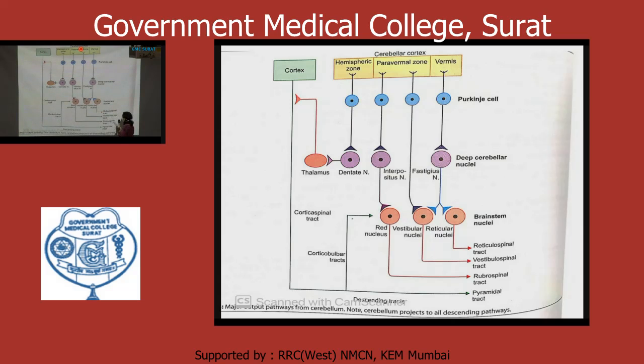These are the extrapyramidal tracts, whereas the output from the cerebrocerebellum, these Purkinje cells, convey the output of the cerebrocerebellum to the dentate nucleus. Then this dentate nucleus conveys the impulses via thalamus to the cerebral cortex, and it controls the activity of the corticospinal tract, then corticobulbar tracts.